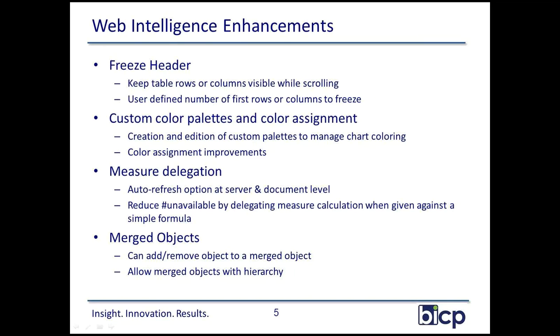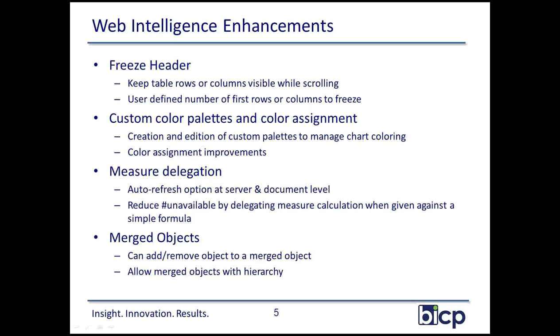Some of the enhancements that we've seen on Web Intelligence helping developers are freeze header capabilities, custom palette capabilities, and also measure delegation. So this kind of calls to closer integration with BW. Also, one of the features: when the rewrite occurred from 3.1 to 4.0, there were some issues with managing merged objects.